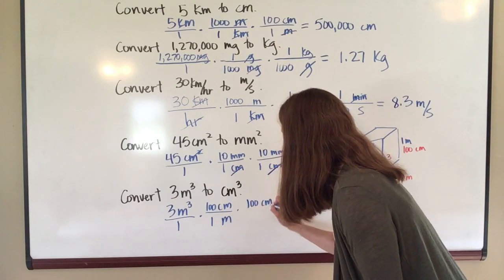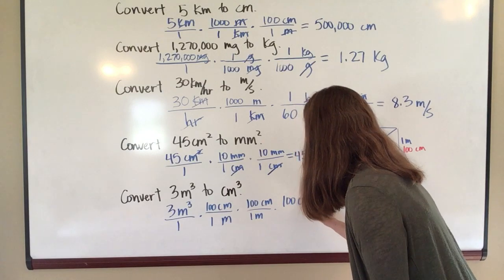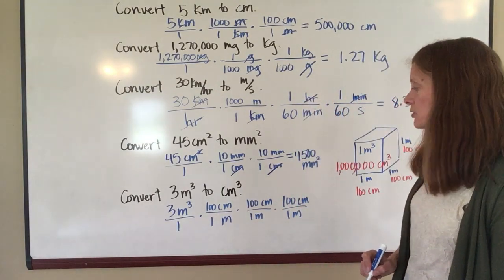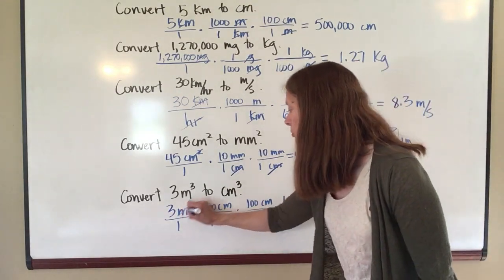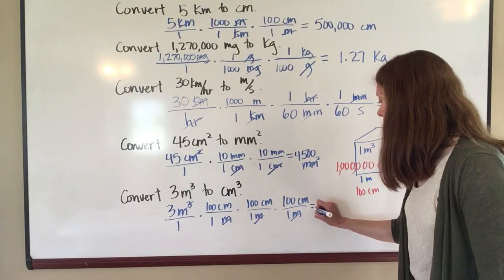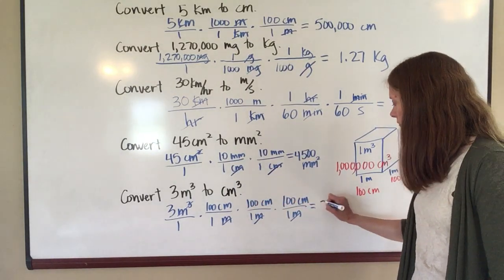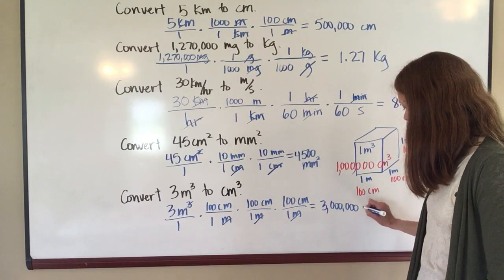So I have to do this 2 more times, like that. Same conversion factor 3 times. So my meters cancel out with my cubic meters, and then that will give me a final answer. 3 times 100 times 100 will give me 3,000,000 cubic centimeters.